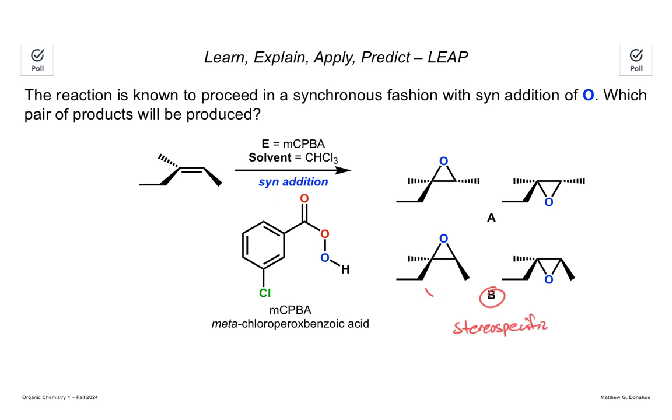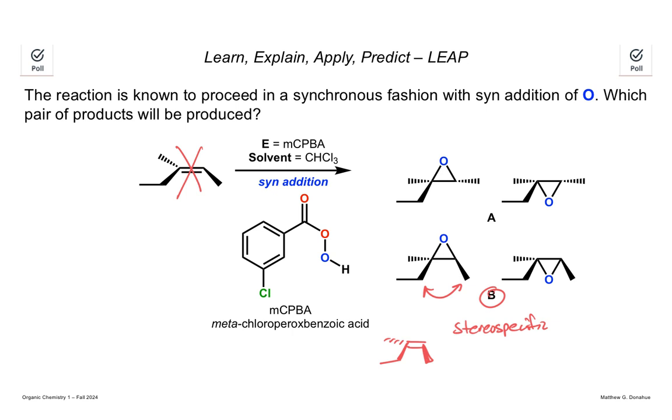So see, for example, that methyl and ethyl group are on the same side. If you were not aware of what that starting material was, because the oxygen adds in a syn, synchronous fashion, the alkene that you started with must have those on the same side, and then that methyl group going back.